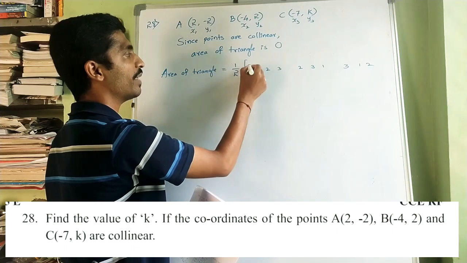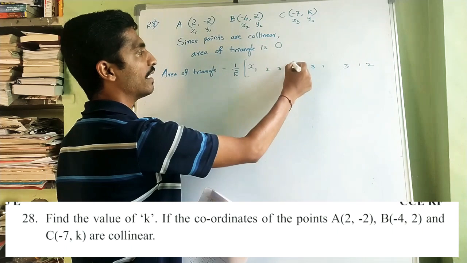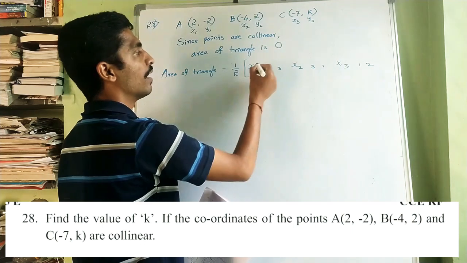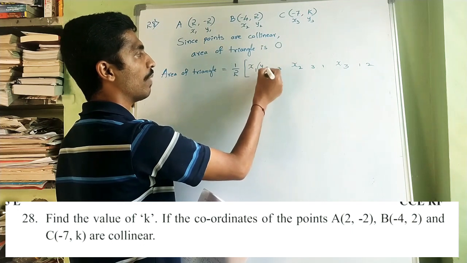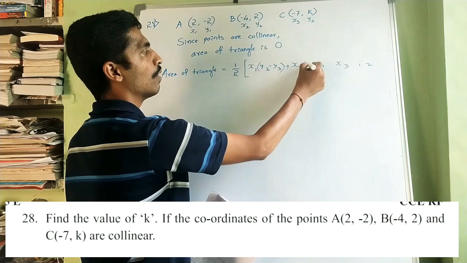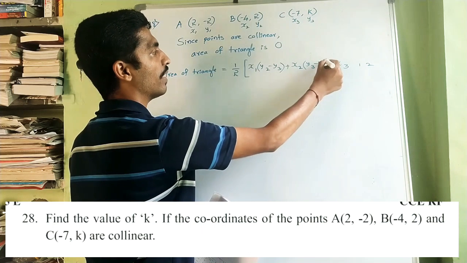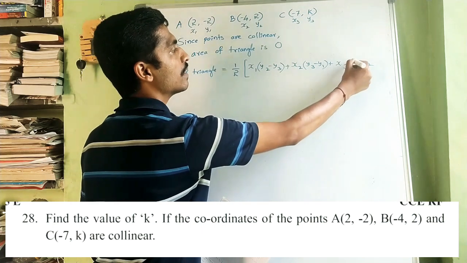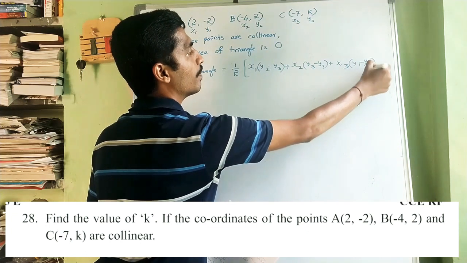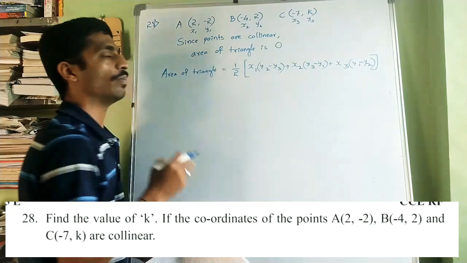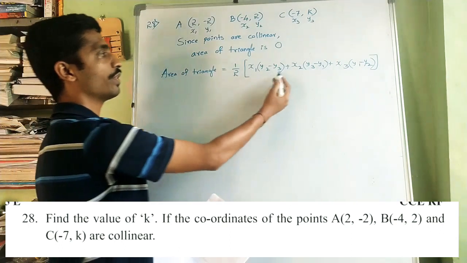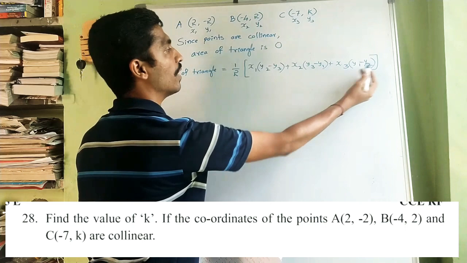So 1 means it is x1, here it is x2, here it is x3, and it becomes y2 minus y3, plus y3 minus y1, plus y1 minus y2. So by writing the numbers you can remember this formula: 1 2 3, 2 3 1, 3 1 2.